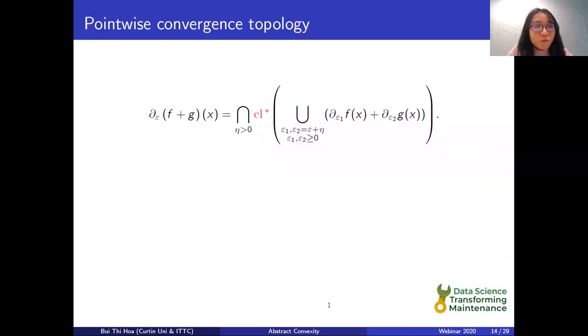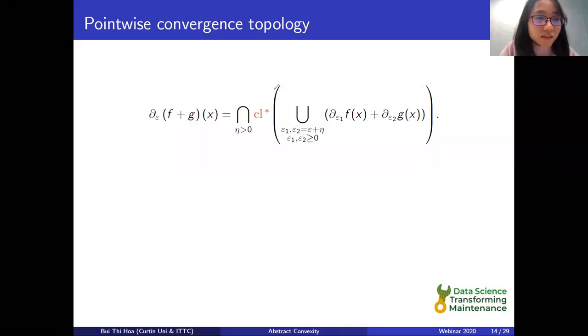So if we go back to what we have in the standard convex case, we have this one, the standard convex sum rule. What are we missing here is a weak star closure of this set.